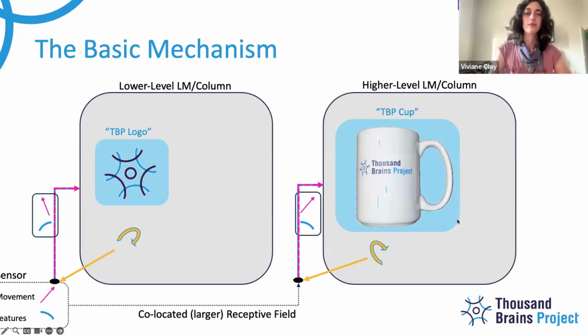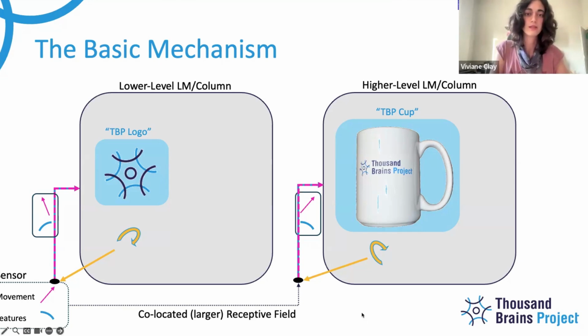So if we take two of those learning modules or columns and stack them hierarchically, we have a lower level one and a higher level one. First of all, we assume that they are co-located in space. Both of their sensor patches are at the same location, it's just that the higher level one has a larger receptive field. Both can get raw sensory input and movement information, and they move together through space.